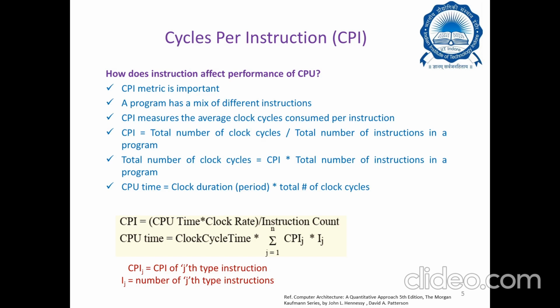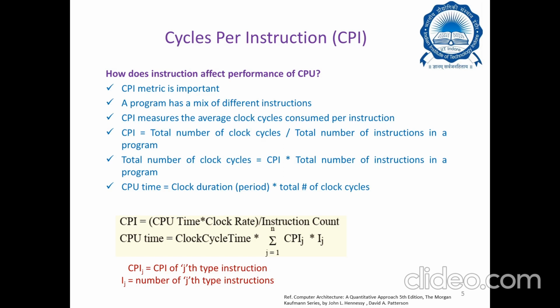CPI measures the average number of clock cycles consumed per instruction, that is per instruction type, to be more precise. So CPI is the total number of clock cycles divided by the total number of instructions or instruction types in a given program.